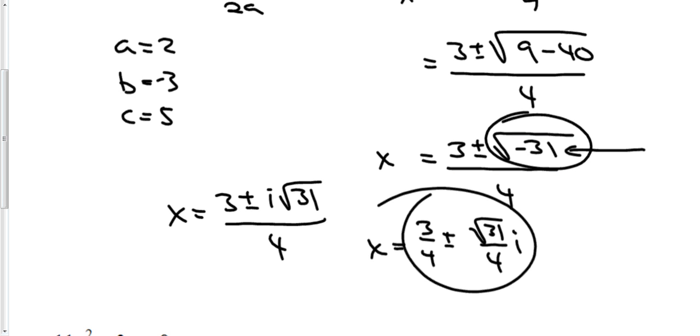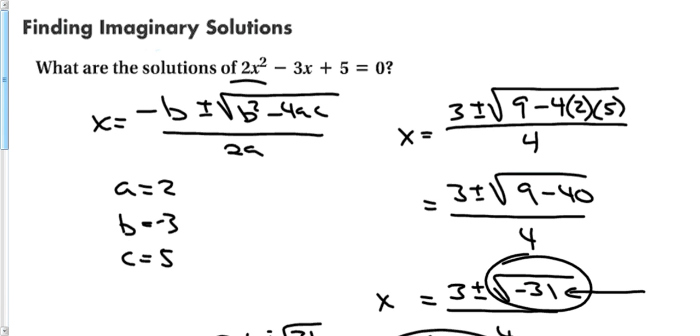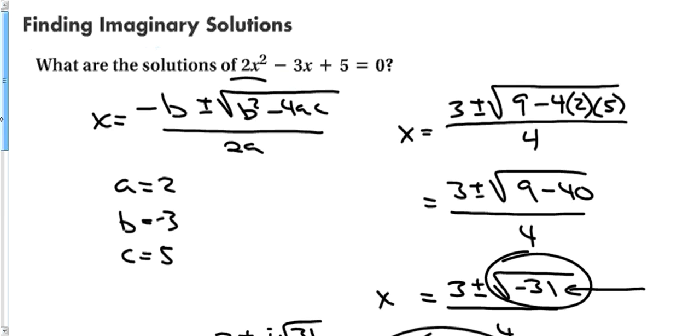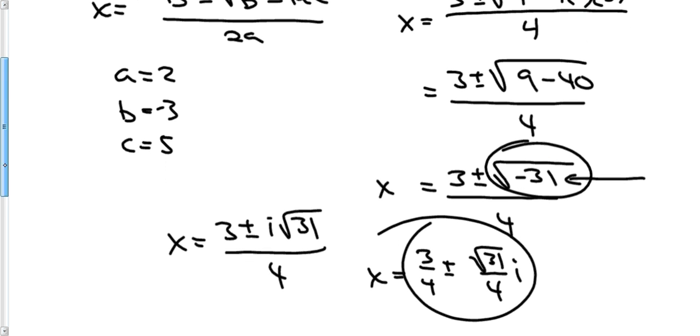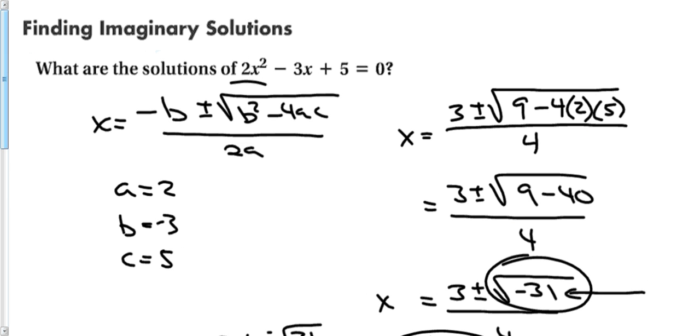They happen to be imaginary numbers, which also means that this graph does not cross the x-axis at all. It opens up because of the 2, and I could figure out the vertex if I really wanted to using negative b over 2a. But the important point is these are the two solutions to this quadratic, even though it never crosses the x-axis. And that is it for complex numbers.